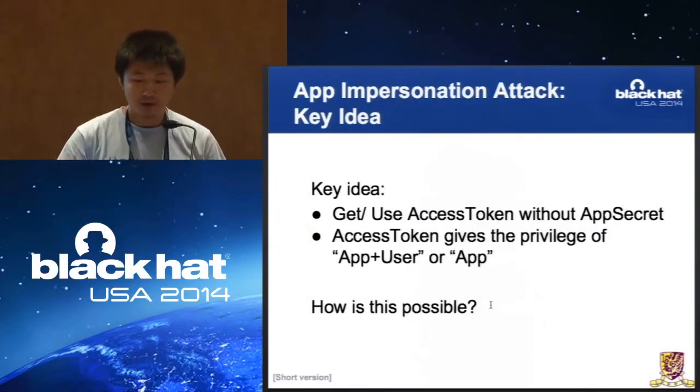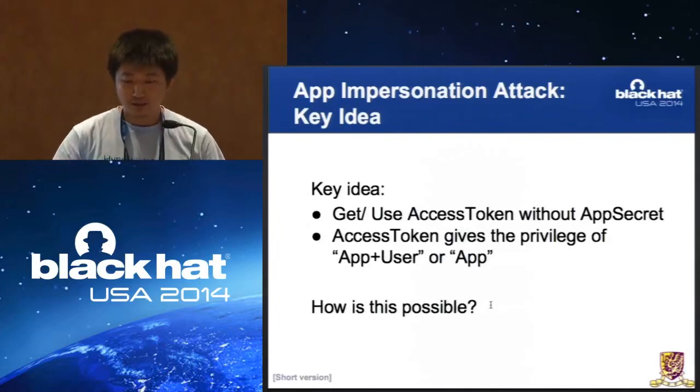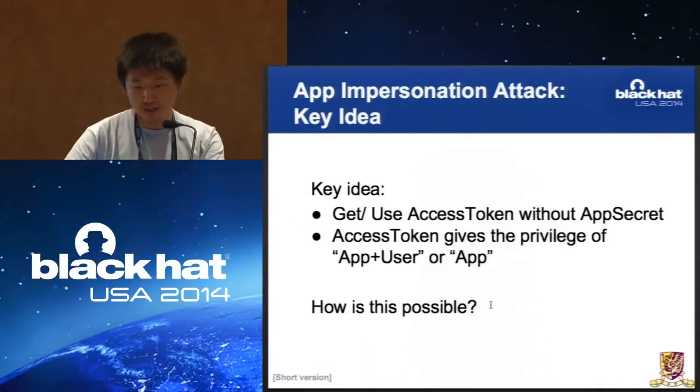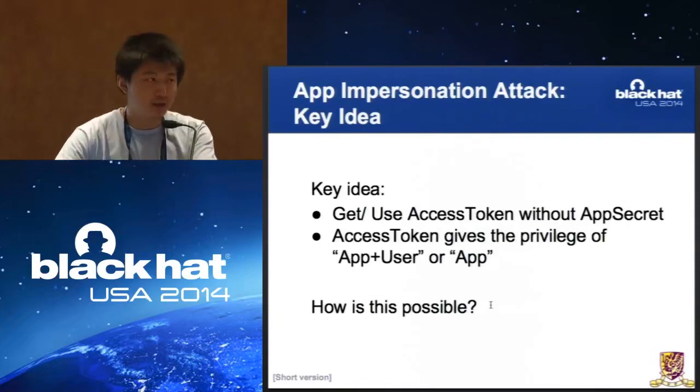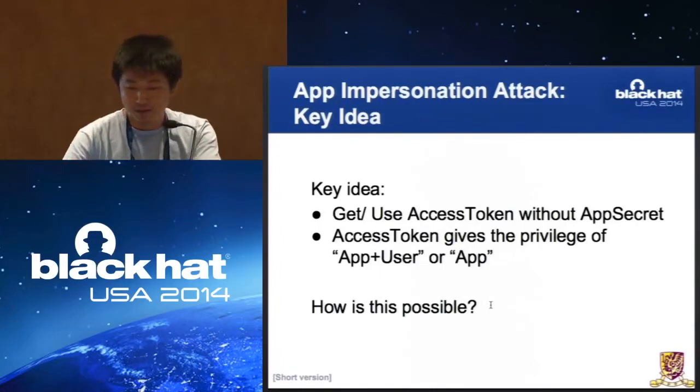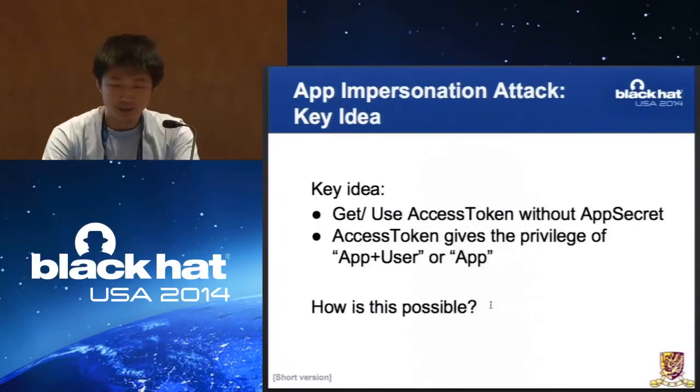If somehow you can get the access token and use it without the app secret, then you can operate with the privilege loaded with this access token. For example, you can operate on behalf of the app and the user, say post a status via this app for this user. And also it can sometimes operate on behalf of the app, for example, send something to the app installers.